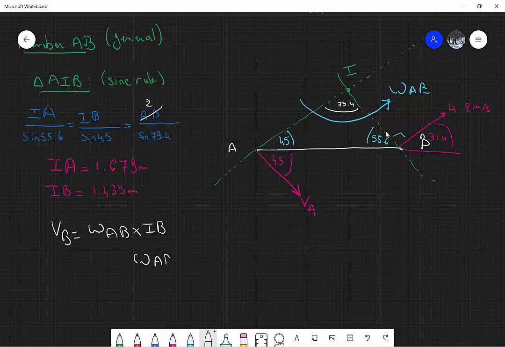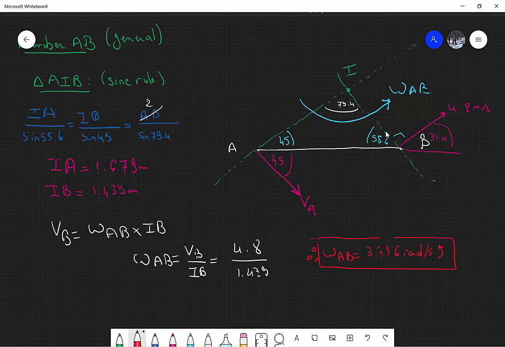Therefore omega EB equals VB over the length IB. The VB was 4.8 and the IB was 1.439. Therefore the omega EB equals 3.336 radian per second counterclockwise. This is the omega EB.